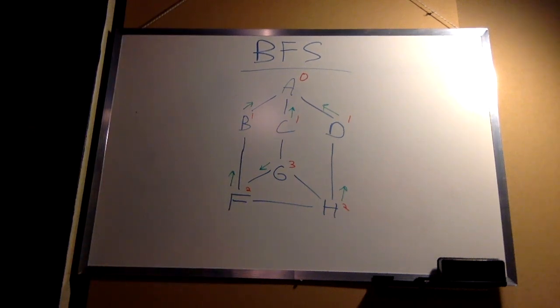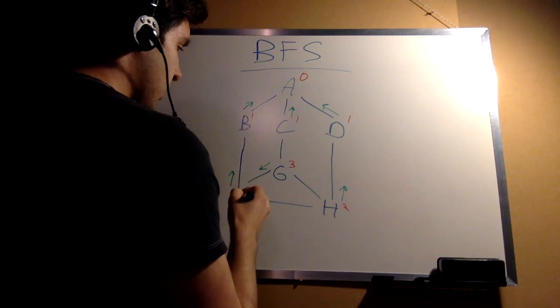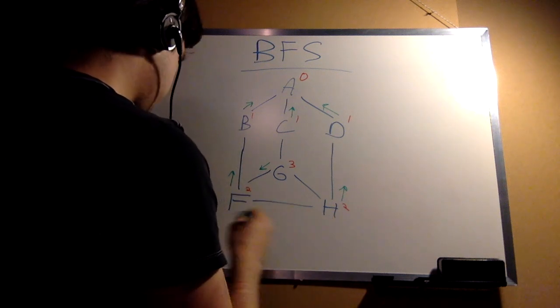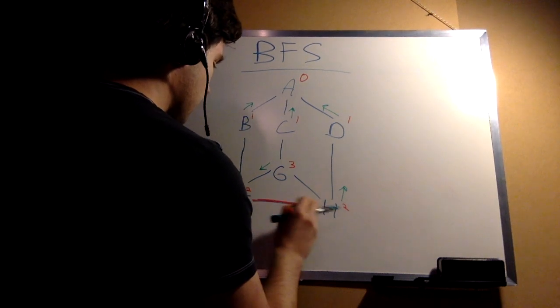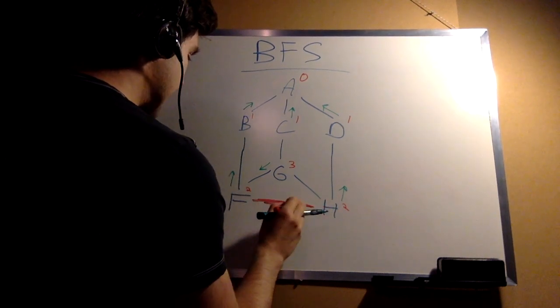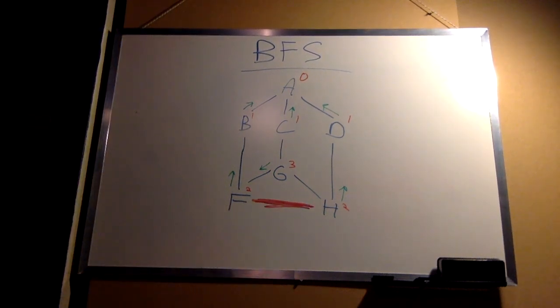Okay, and then from F, we're going to see that we've already encountered H. So this is kind of the magical edge right here. This is what we can call the back edge. So what happens here?